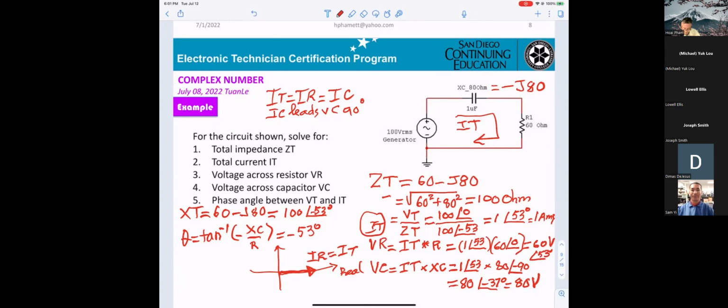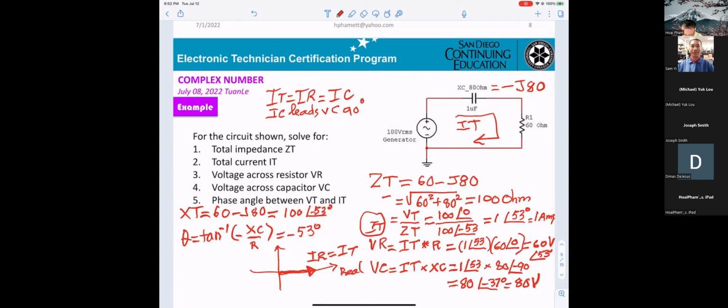Do we use the voltage divider rule for VC, meaning 80 times 60 divided by 80 plus 60? Okay, now you get IC leads VC by 90.